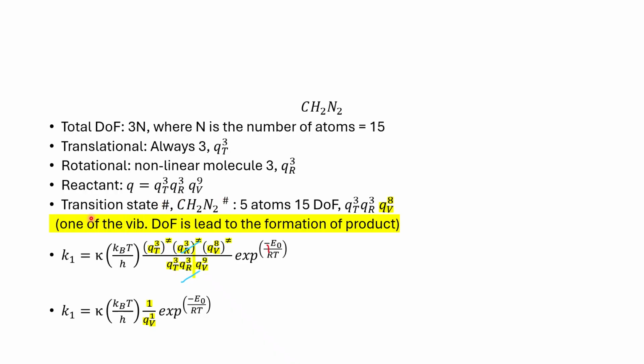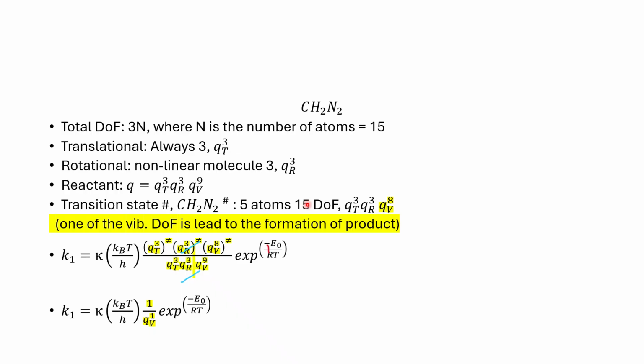Whereas for the activated complex, there are 5 atoms, therefore there are also 15 degrees of freedom. For translation and rotation, each of them will have 3 degrees of freedom.